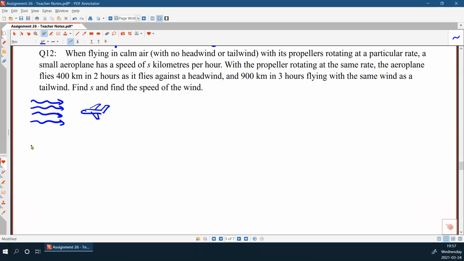And on the contrary, suppose the wind does not change, but the direction of the airplane has changed. Then the ground speed is the airplane's speed plus the speed of the wind, right? Do you understand that?